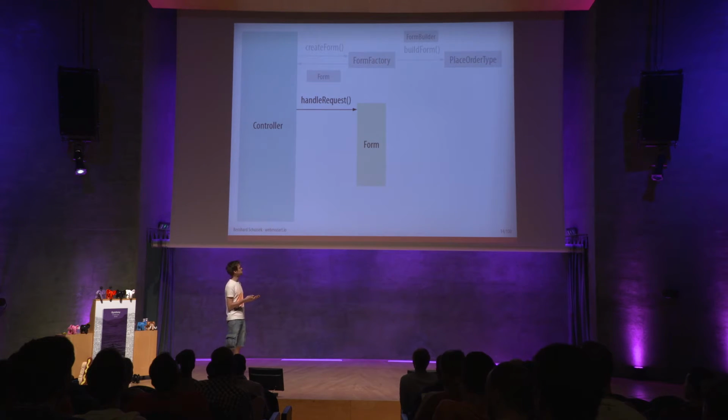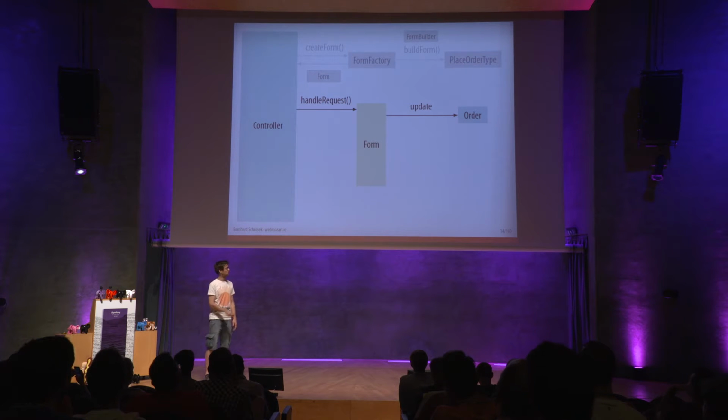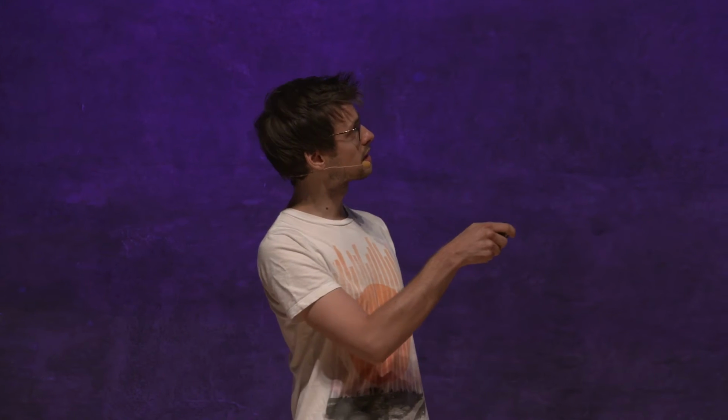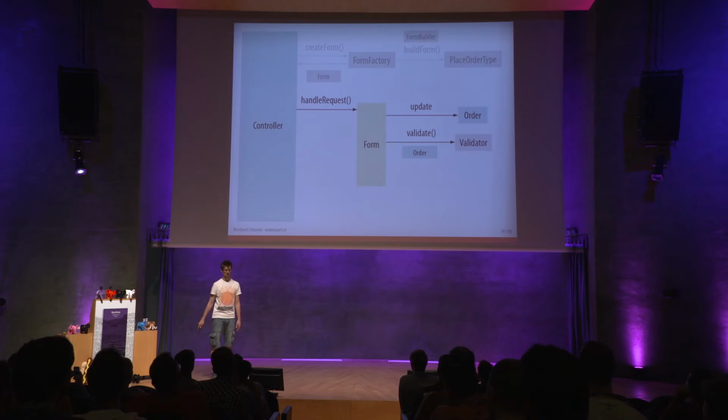Once you do that, there are a few things happening. The first thing is that the form will write the request data into your object. Then it will validate that object by passing it to the validator component, and at last return back to the controller.